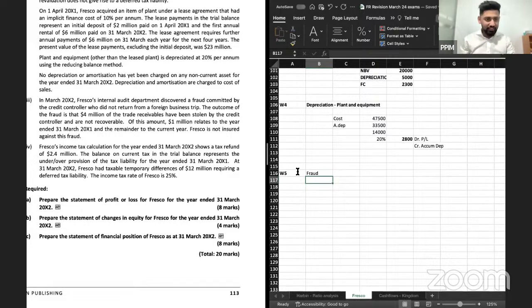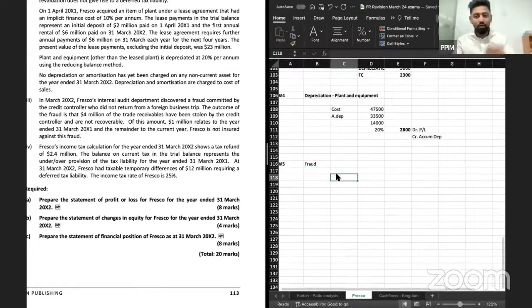What's the accounting adjustment that needs to be done? What is required to be done? Non-recoverable debts. Okay, that's right. It's a non-recoverable debt. I'm with you. Fine. So how do we remove it?